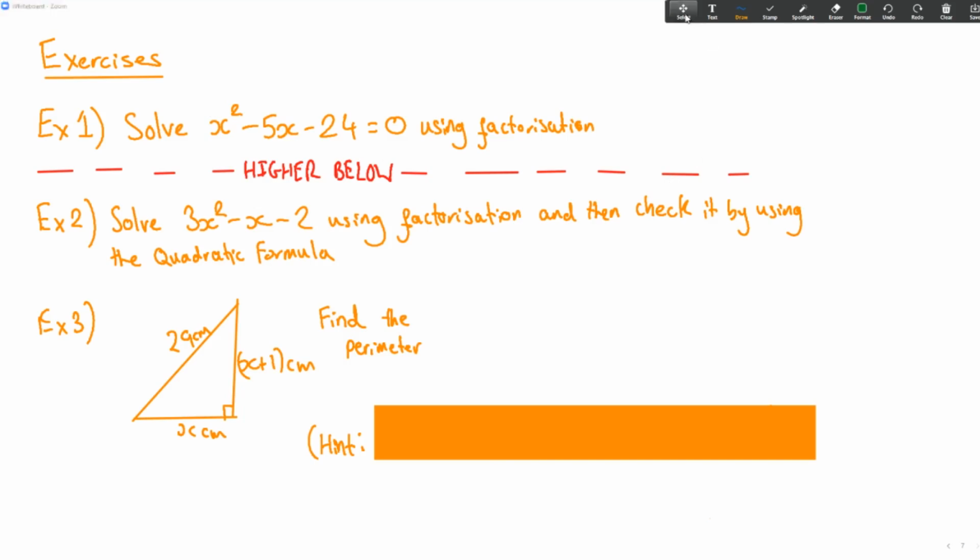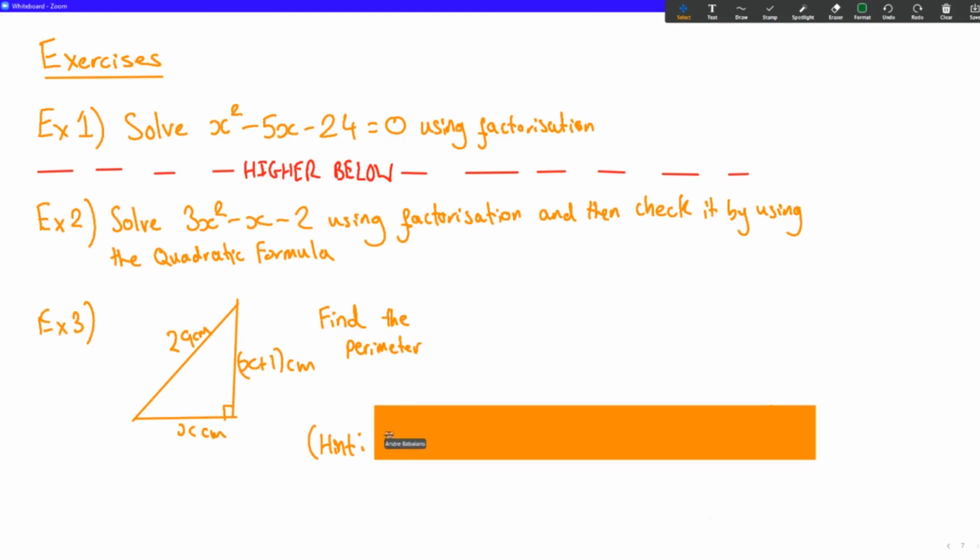Just something for this bottom one, for this last exercise. I have a hint here. If you don't want to use the hint, you can just pause the video now and do it, or else I'll reveal the hint in about 5 seconds to help.